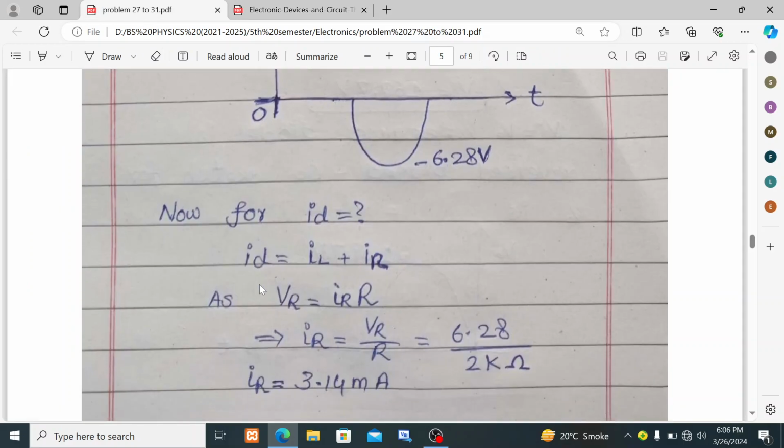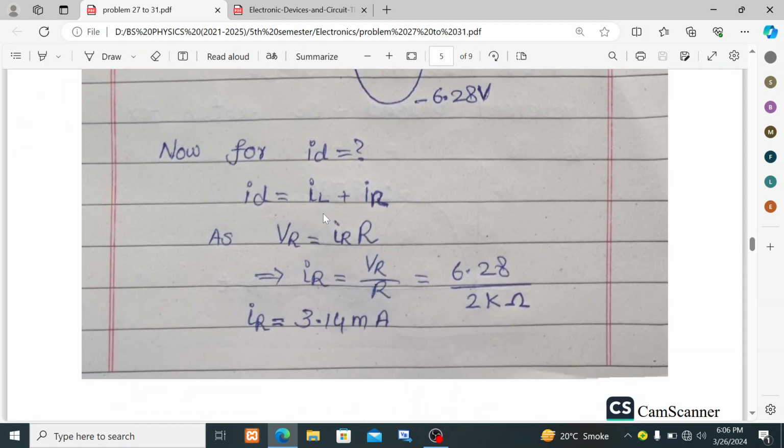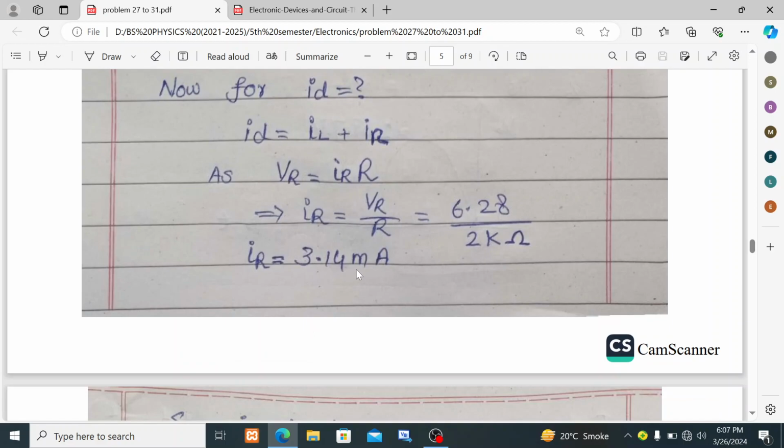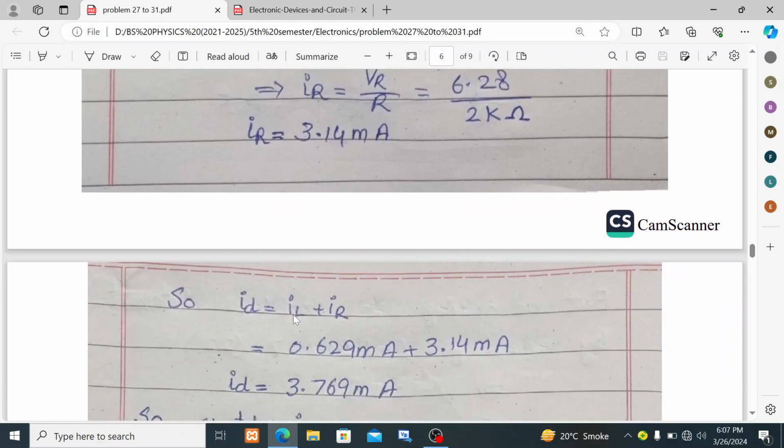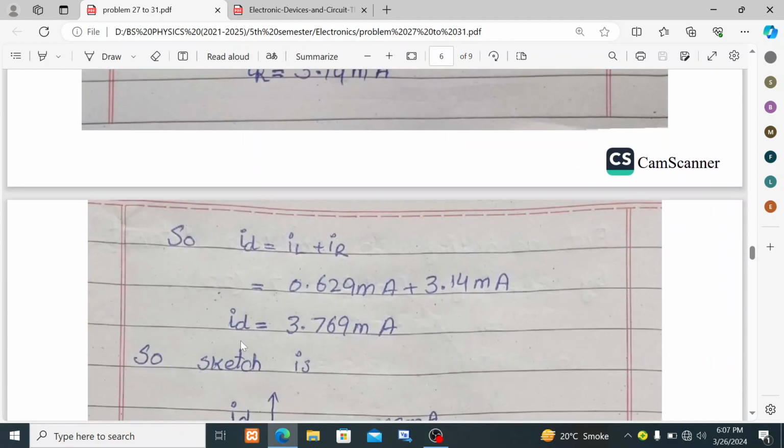IL is already known, and we find IR. IR is equal to VR over R. VR is given 6.28 and R across the resistor is 2 kilo ohm. So IR is equal to 3.14 milliampere. So we simply add them and sketch the value for Id. That will become 3.769 milliampere.